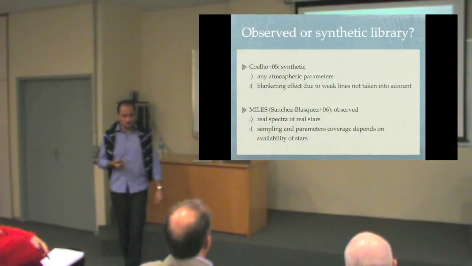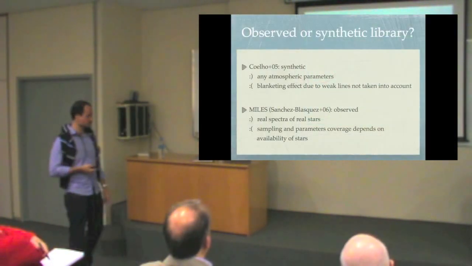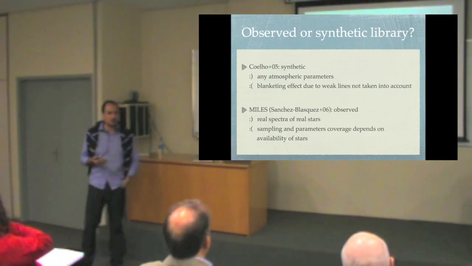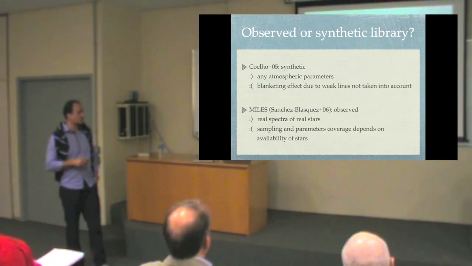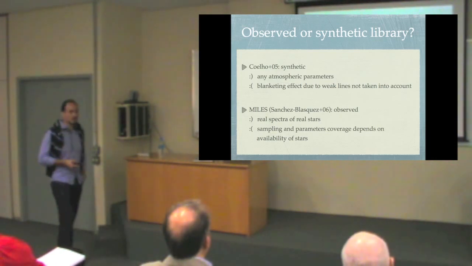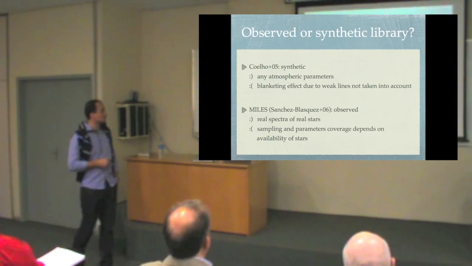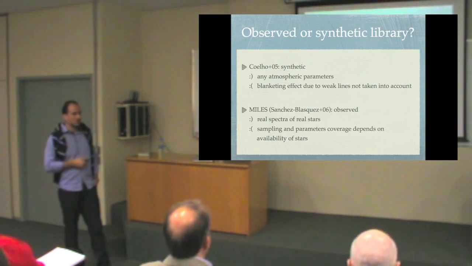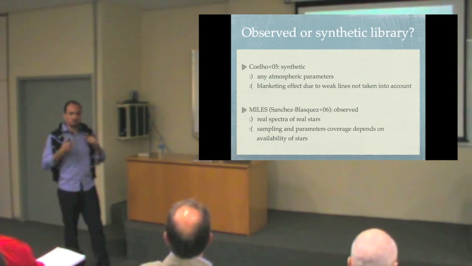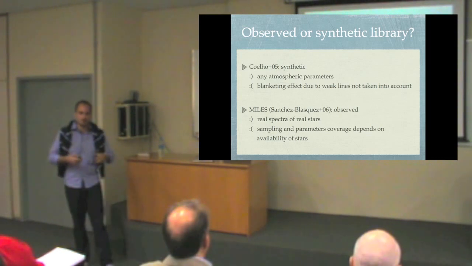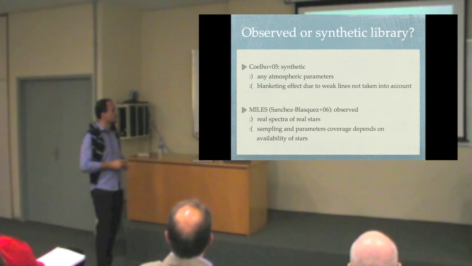Okay, so we have to choose the libraries. And there are two kinds of stellar spectral libraries: a synthetic library or an observed library. And each one of them has good and bad things. In synthetic libraries, you have the advantage that you can produce any spectra with any parameters you want, because you're modeling that.